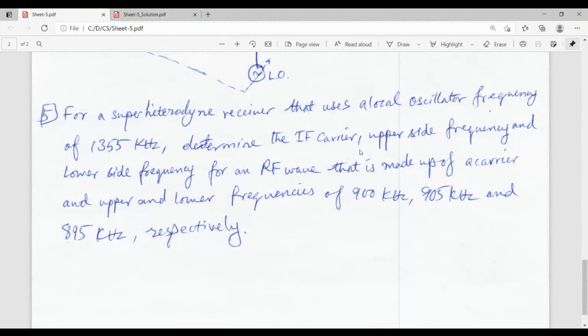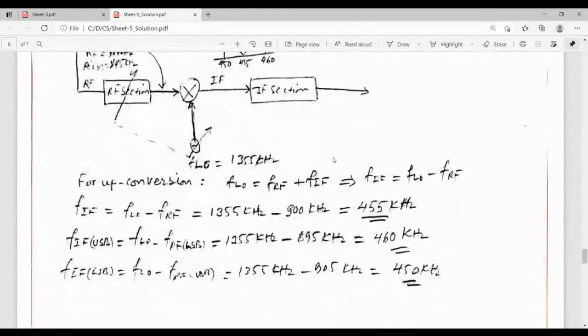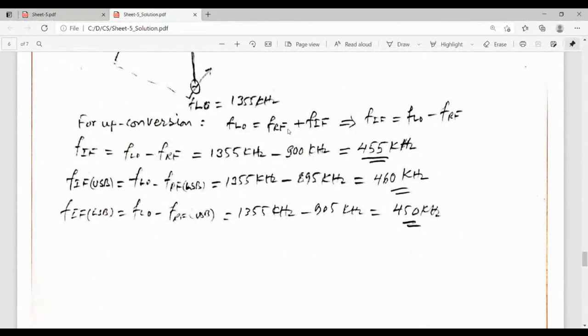Determine the intermediate frequency, upper side frequency and lower side frequency for an RF wave that is made up of a carrier and upper and lower side frequencies. So what are these values? Carrier frequency is 900 kilohertz, upper and lower frequencies are 905 kilohertz and 895 kilohertz respectively. So coming to the solution for this, for up conversion, FLO equals RF plus FIF.